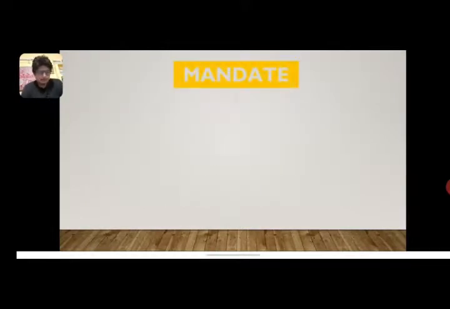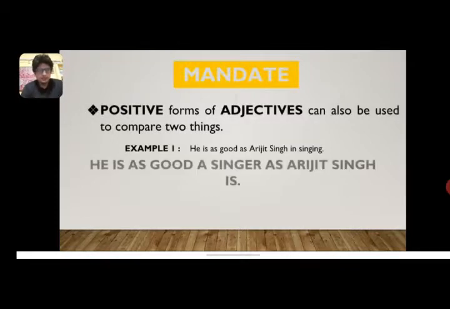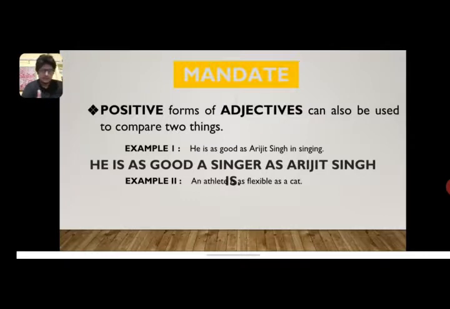Now there are certain mandatory situations that we have to follow to get to the correct version of these adjectives. Let's see the first one. Positive forms of adjectives, that means the adjectives themselves. If I say happy, that's the positive form, the adjective itself, then the comparative degree is happier, then the superlative degree is happiest.